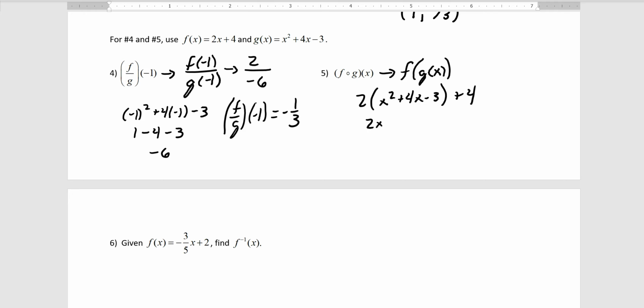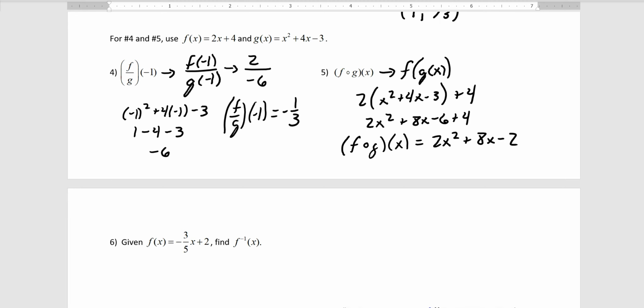So that'll give me 2x squared plus 8x minus 6 plus 4. Negative 6 plus 4 can be simplified. We find that f of g of x equals 2x squared plus 8x minus 2. And I'm done. I do not need to simplify that. I do not need to solve it. I do not need to factor it. I'm done right there, okay?